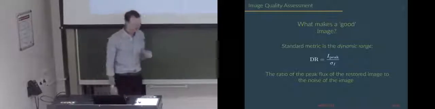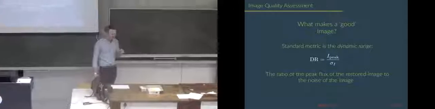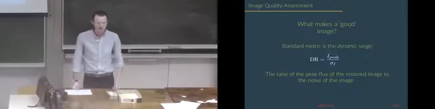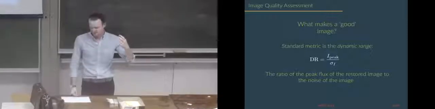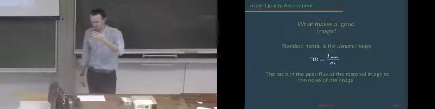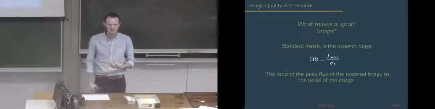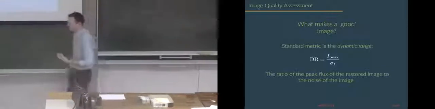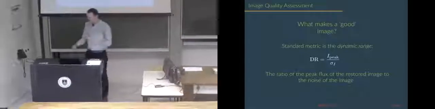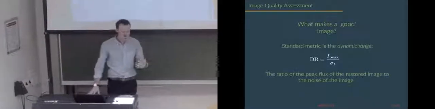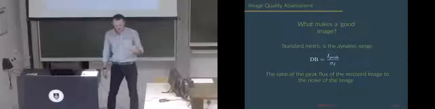What makes a good image? This is very easy to answer in other fields. You can say, well, say you take just a normal photograph of something, you can measure the noise of that. That's an easy thing to work out, because in low light it'll be noisier than in highlight or typical light and whatnot.